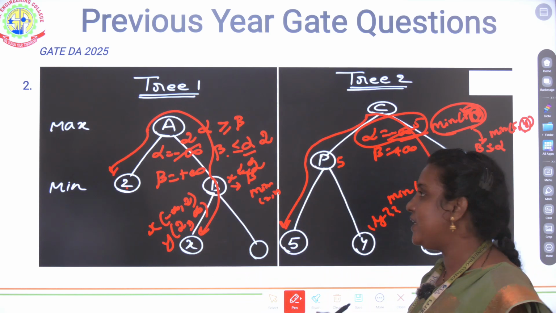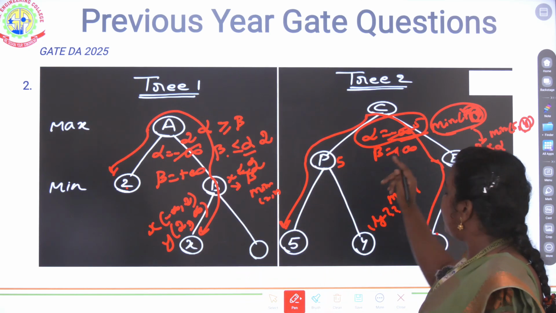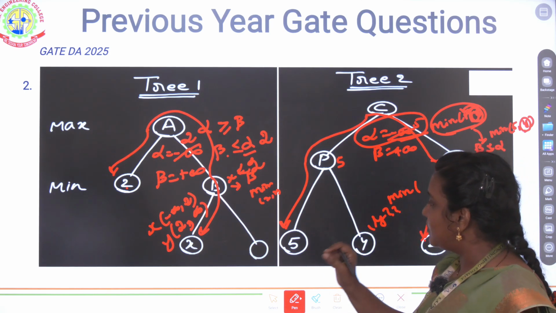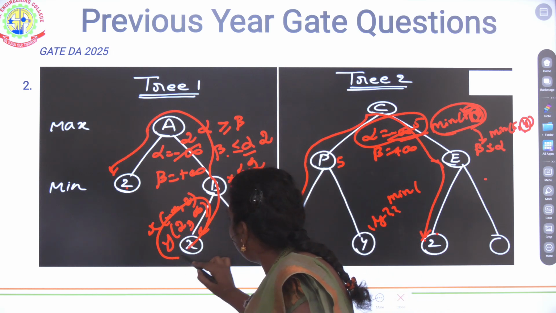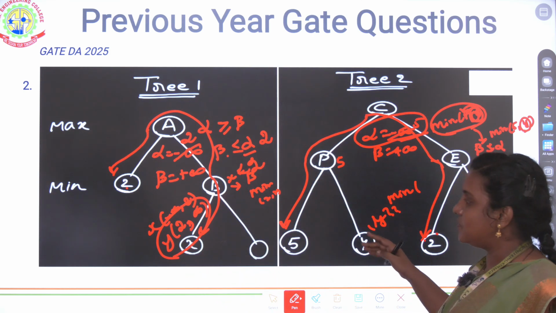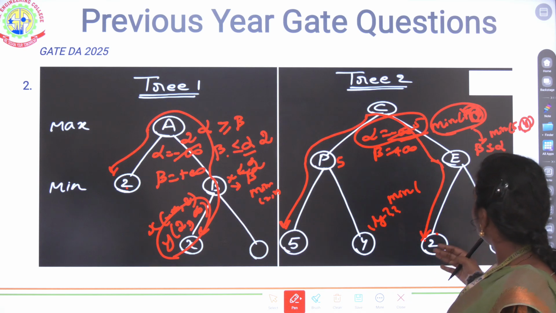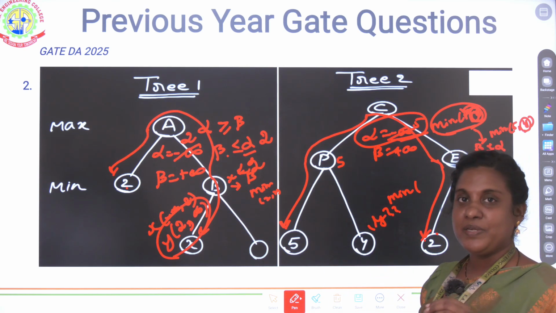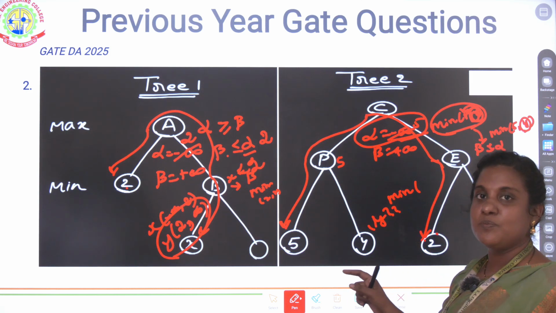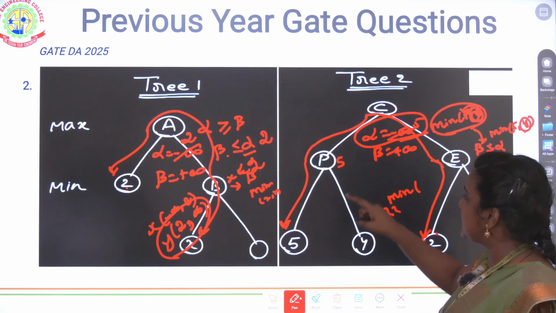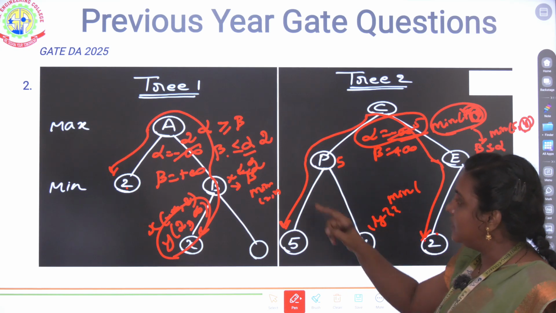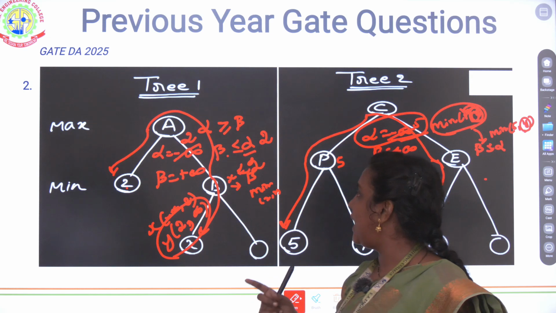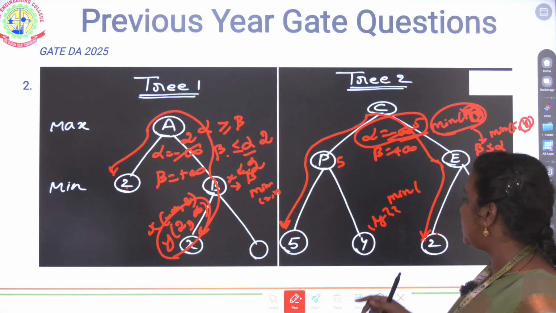Whatever the value is, beta always chooses the min of 5 and y. So the value here will be greater than 2 up to infinity. No matter what the y value is, beta always chooses the min of 5 and y, so the minimum value is 5. It obviously satisfies the condition alpha greater than or equal to beta.